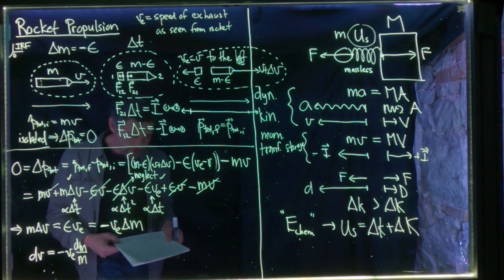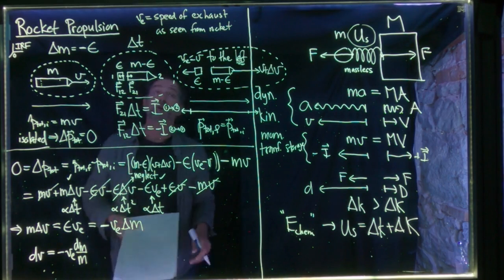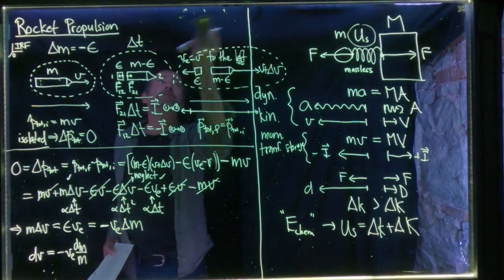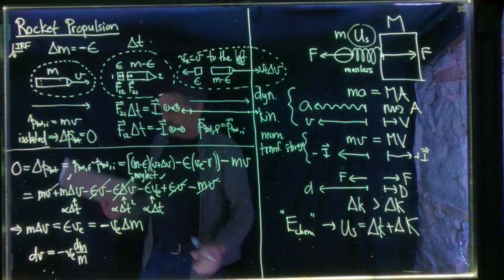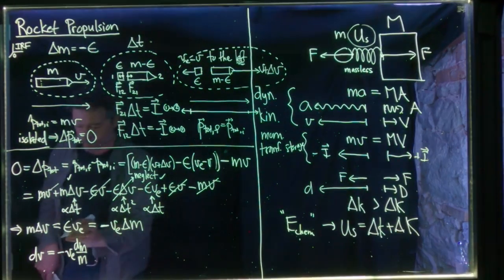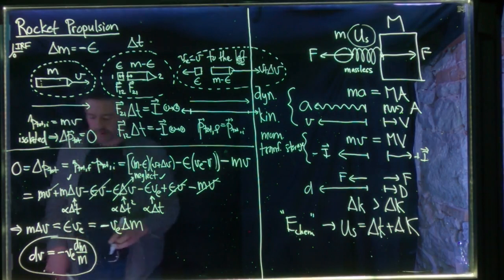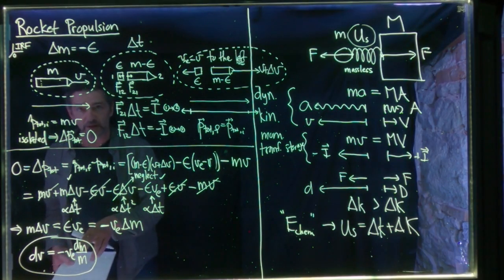Before we go on, we're going to run out of room here. So let me just record one result up here, because we're going to need this later when we come to this side of the board. I'm going to take this important result, expressed in differential form, and divide both sides by dt.